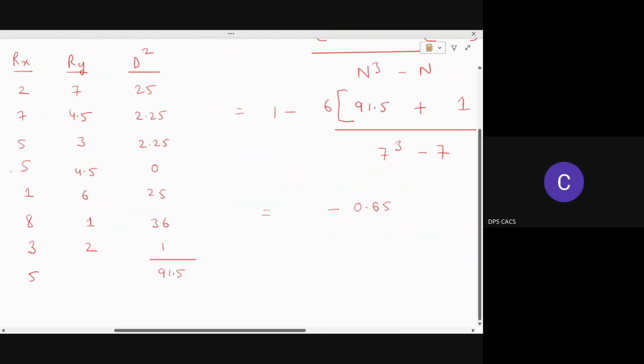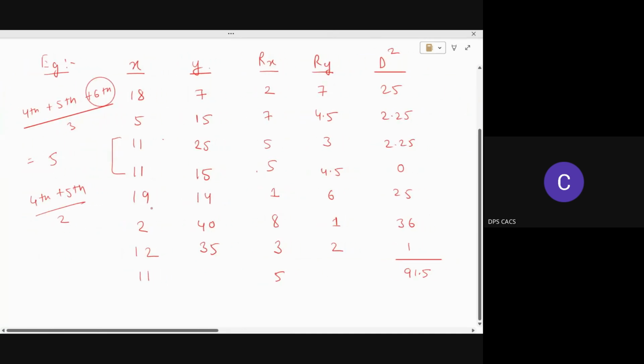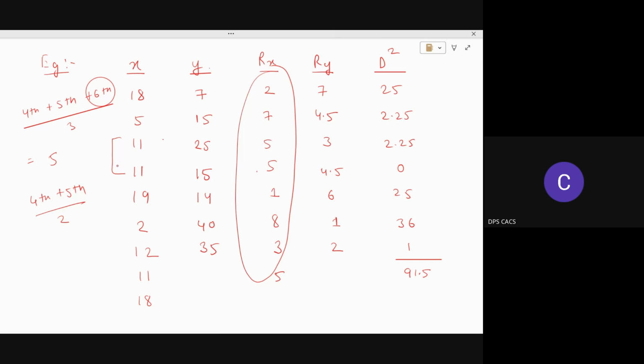Last thing I am saying: in the first column, if 11 is repeating, suppose 18 is also repeating. So you know how to give rank. I am not concerned with the ranking part. You can do it easily. But for t, what will be happening? For 11, I will do 3 cube minus 3 by 12 separately.